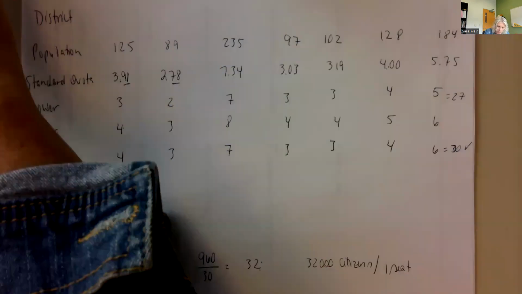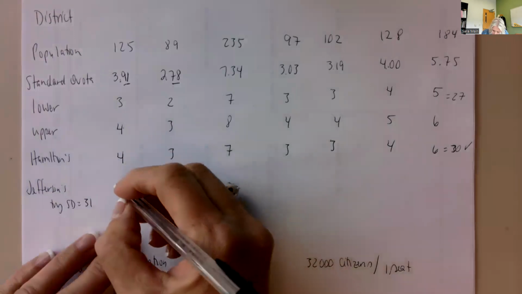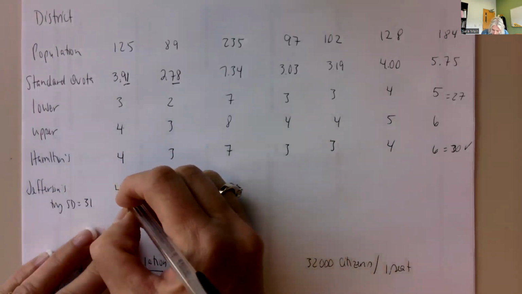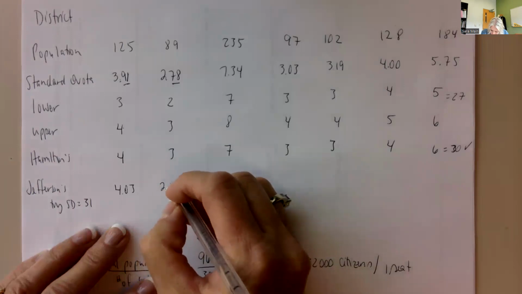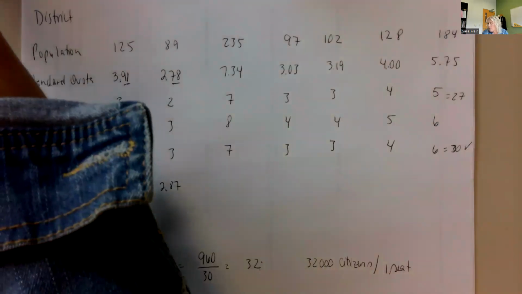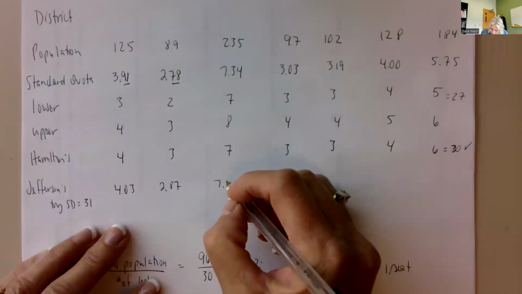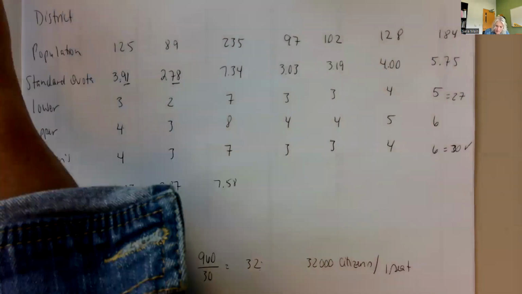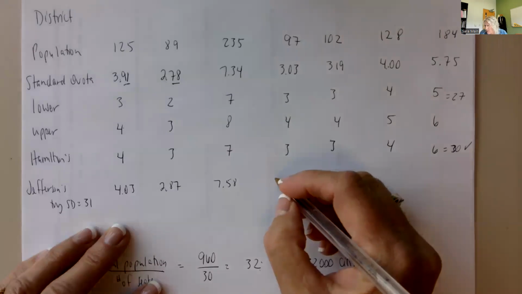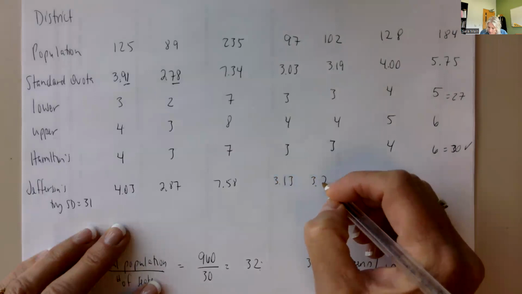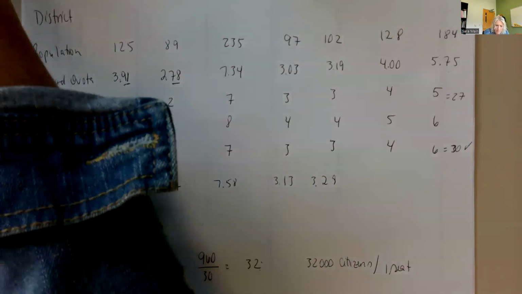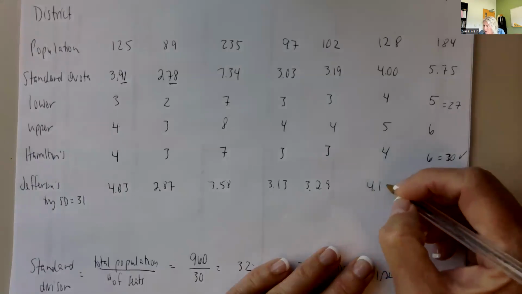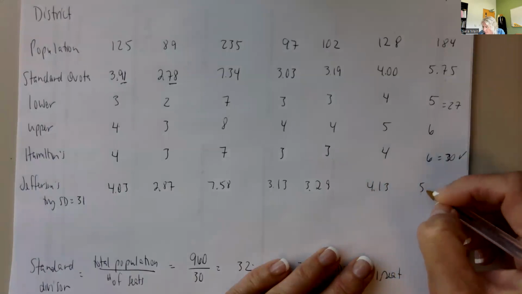If we do 25 divided by 31, and then 2.87, 7.58, 3.13, 3.29, 4.13, and 5.94.